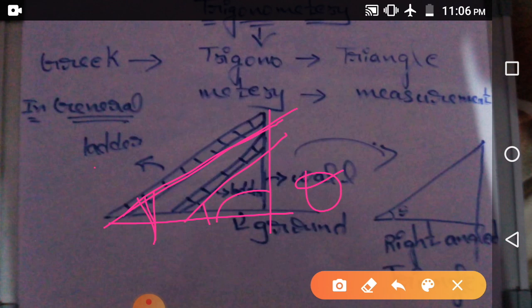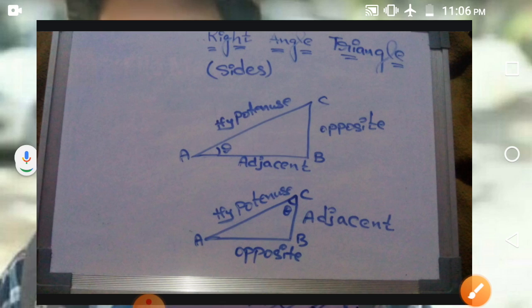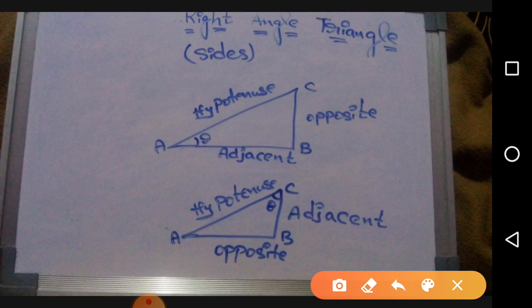Thus trigonometry, to be precise, is all about the right angle triangle, either the measure of a side or an angle. So it always deals with the right angle. Let's try to discuss what a right angle triangle actually is. You have studied right angles in your earlier classes.